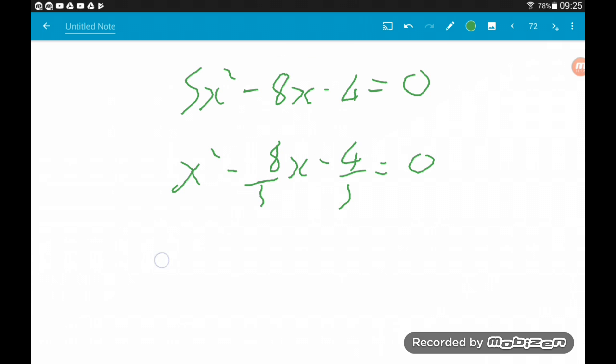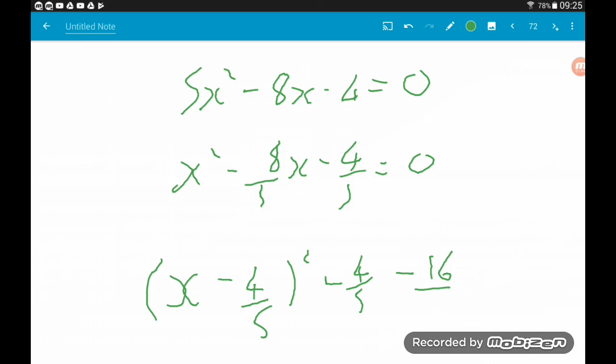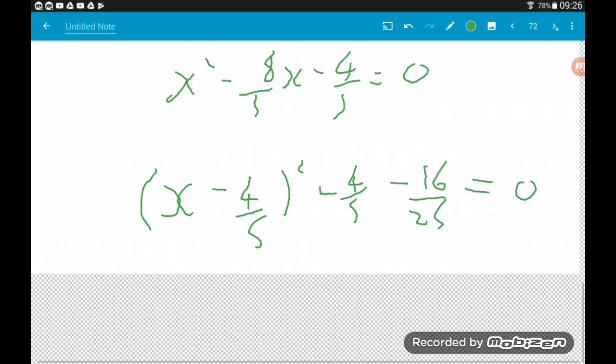So we're going to get x minus a half of 8 fifths, a half of 8 fifths is 4 fifths, squared. Now we've got the minus 4 fifths on the outside, and then we also have to minus 4 fifths squared. Now 4 fifths squared is 16 25ths. So we're taking away 16 25ths like that, and that is equal to 0.